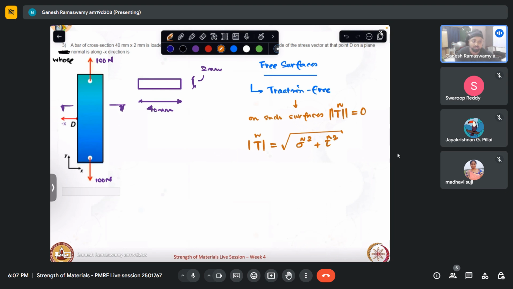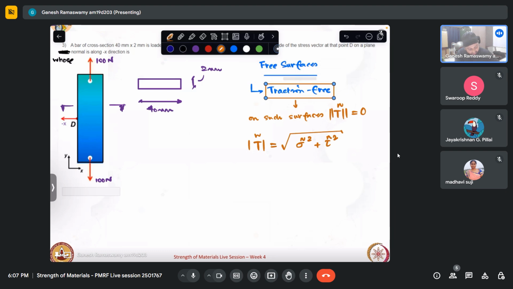And since both are individually positive quantities, the sum of two positive quantities to be 0 implies that both normal stress as well as shear stresses are 0. So any surface which has the normal stress acting on it and the shear stress acting on it as 0, that is the absence of normal stress and shear stress on a surface, makes it a free surface, a traction free surface, specifically speaking.